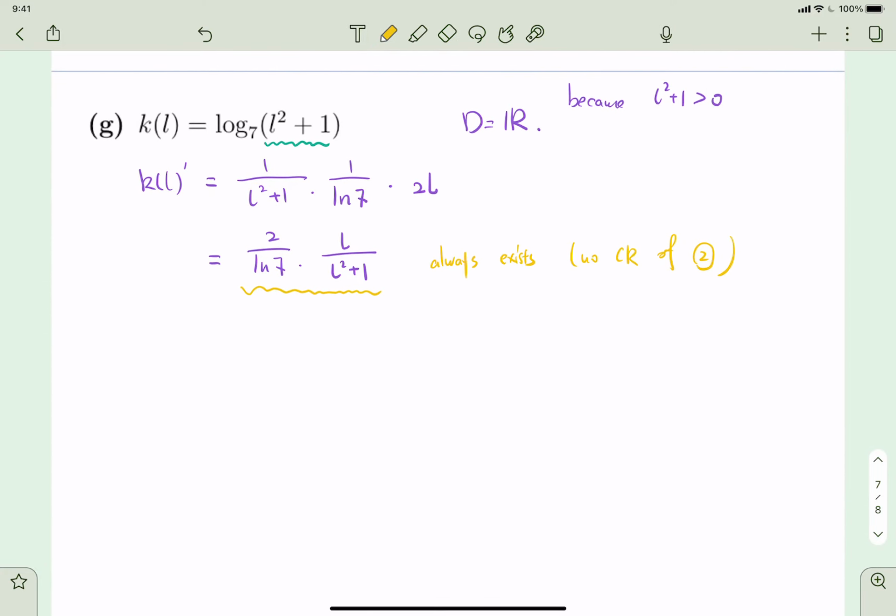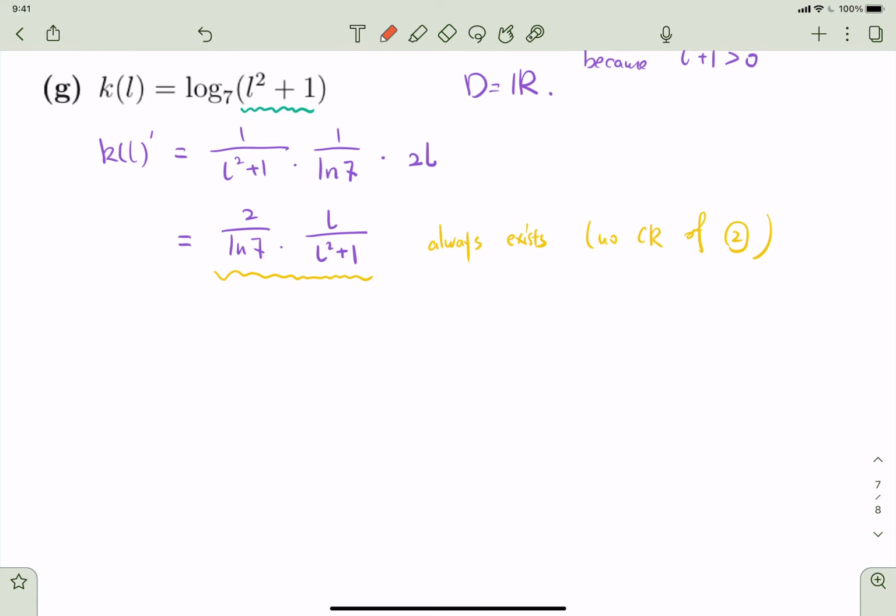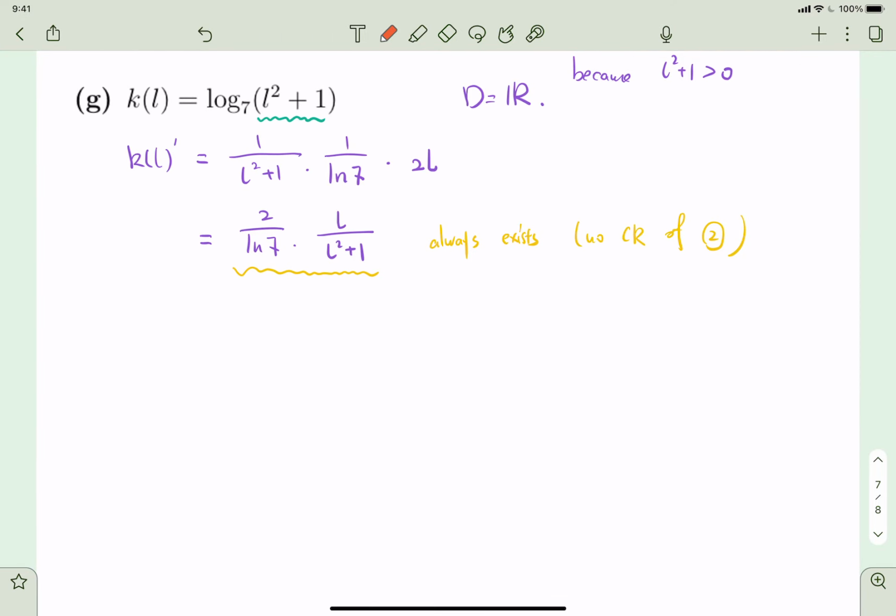So we can only look for the critical numbers of the first type. And first type, that is, let this K prime of L equal to 0, right?